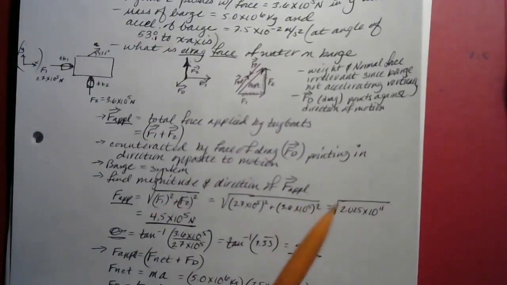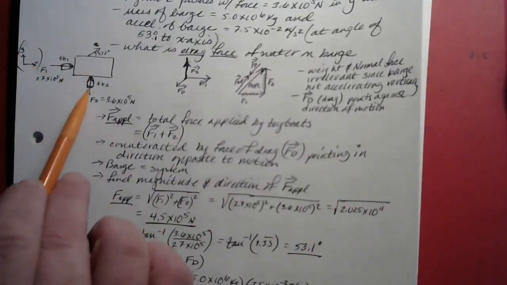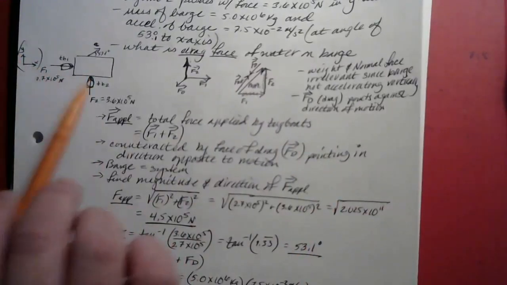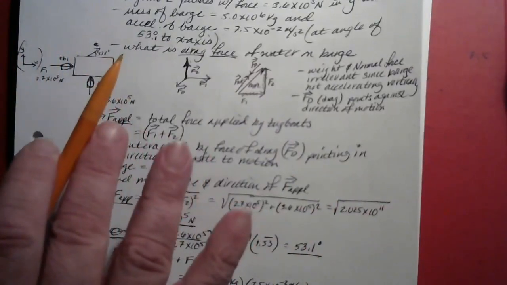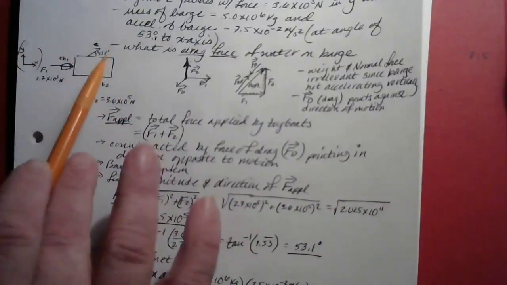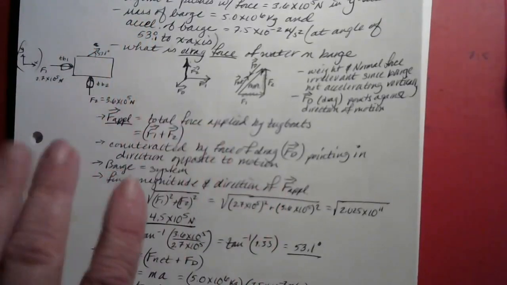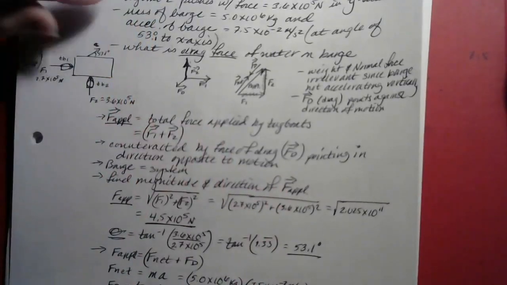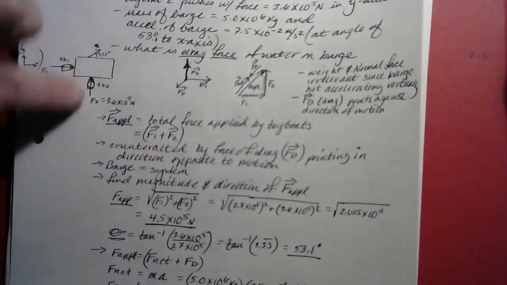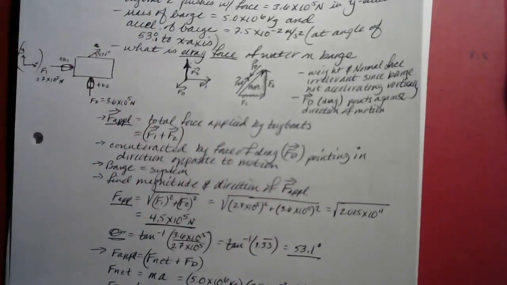So we've got the input forces, and they should produce ideally a certain acceleration. We have the actual acceleration given in the problem, and the difference between the actual acceleration and the acceleration that we should be able to get based on the forces with which the tugboats are pushing the barge is due to the drag on the barge.